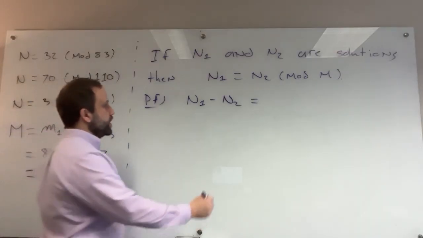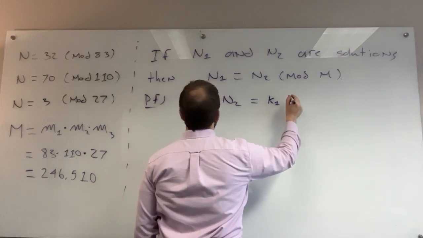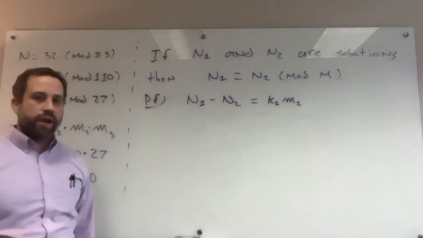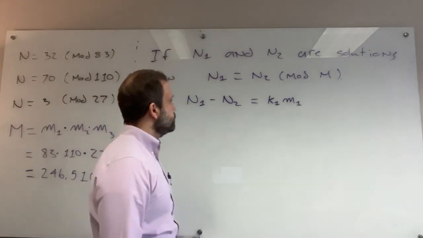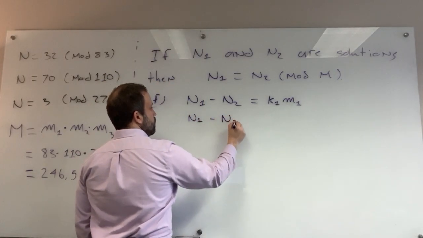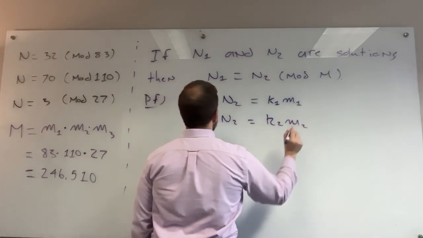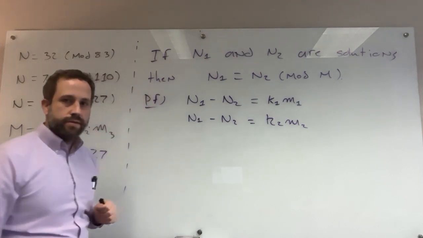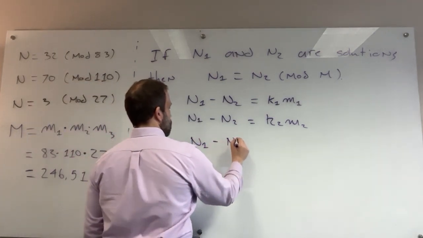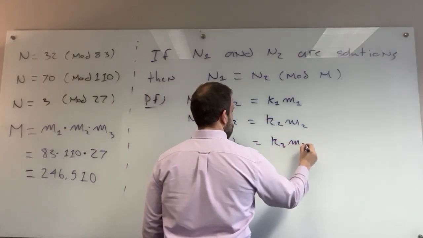So N1 minus N2 is equal to K1 times 83, or more generically, K1 times M1. Similarly, N1 minus N2 is equal to K2 times M2, or K2 times 110, and finally, N1 minus N2 is equal to K3 times M3.